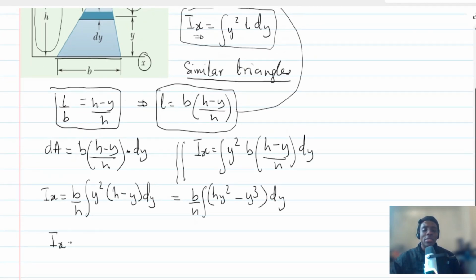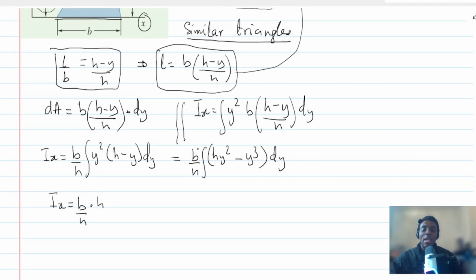So Ix is going to be b divided by h, then multiply by h. I have got y squared. So basically I just have to integrate. Now watch this. We are dealing with an integral with respect to y.